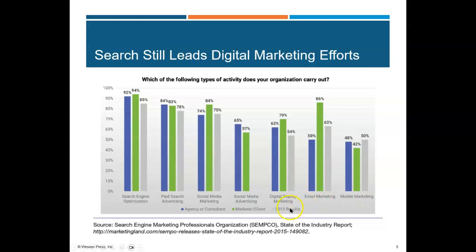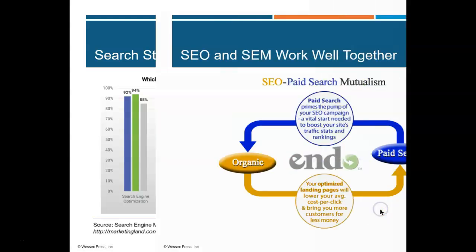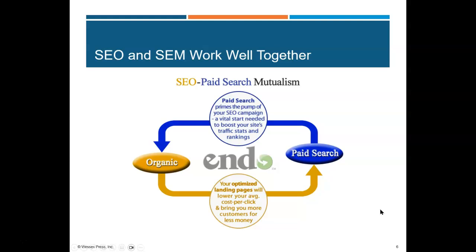So as you can see right here, search engine optimization is leading. And this report comes from 2015, so you can very much guess how well it's doing right now, since everything we do is on our mobile devices.